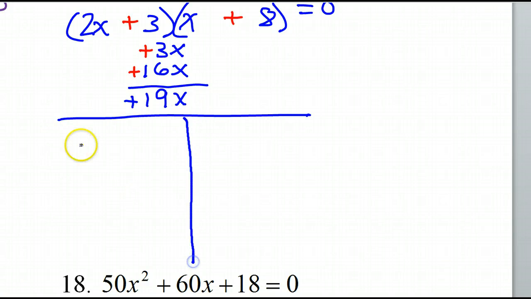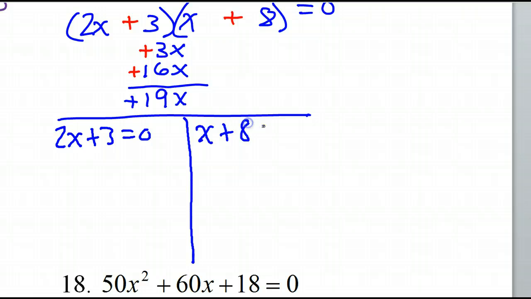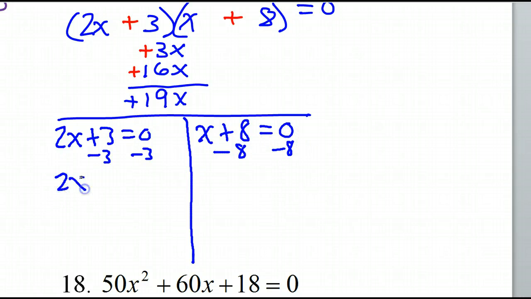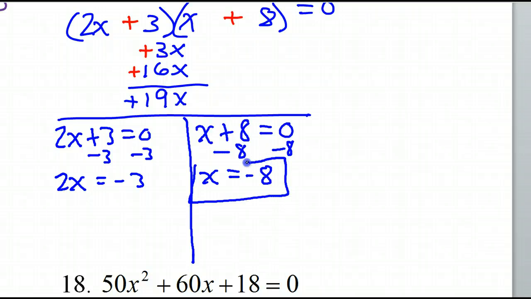Alright, time for the zero product property. So 2x plus 3 is equal to 0. X plus 8 is equal to 0. Minus 3, minus 8. So 2x is equal to negative 3. And x is equal to negative 8. Well, you know what? That is one of the answers right there. X is already by itself.